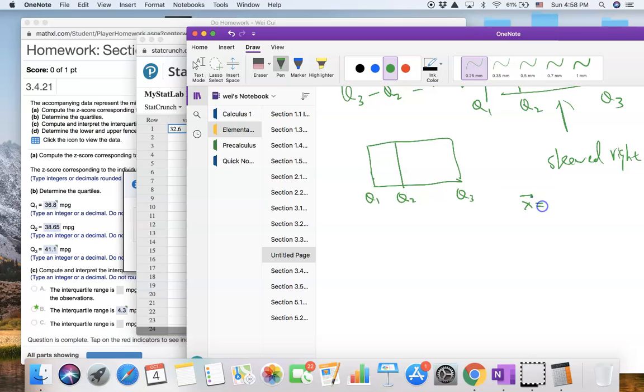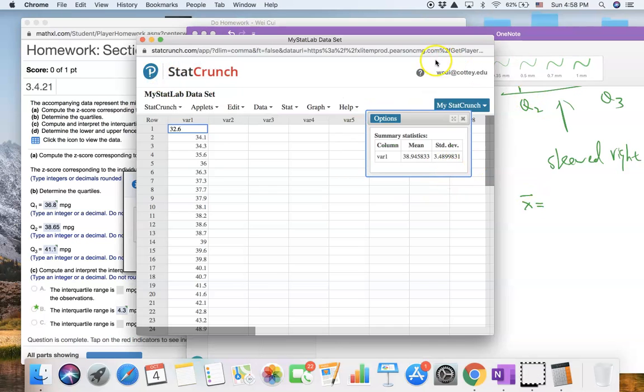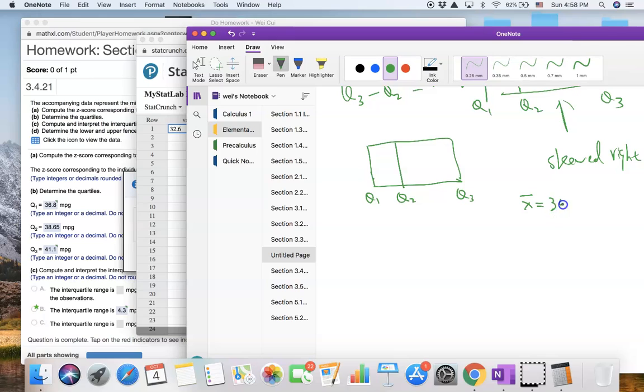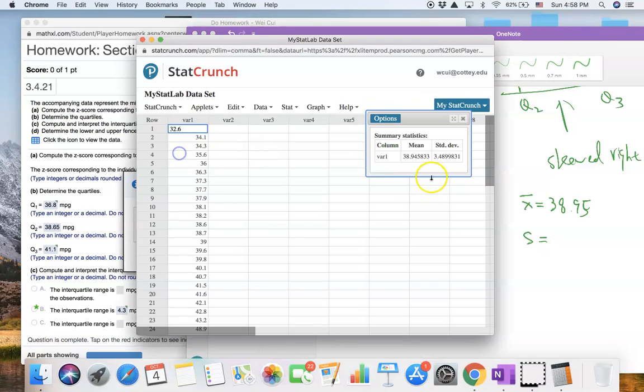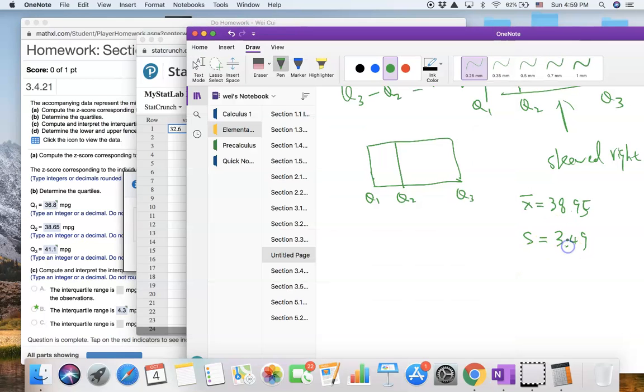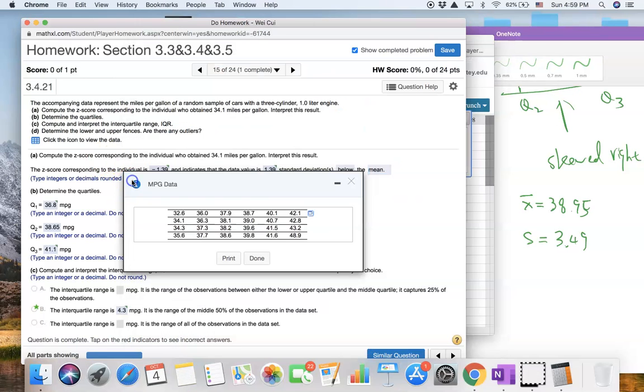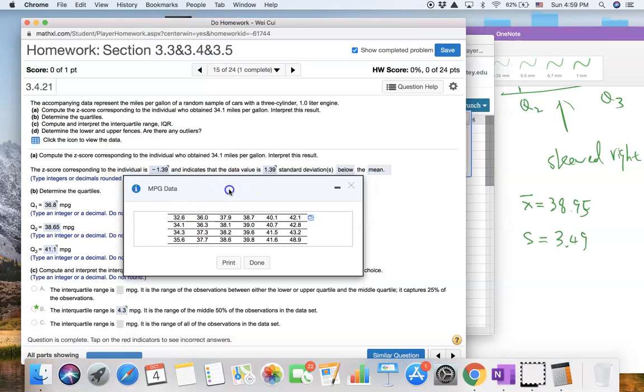So the sample mean equals 38.95. And the standard deviation is 3.49. Yeah, I keep 2 decimal places. So the data for this car is 34.1.